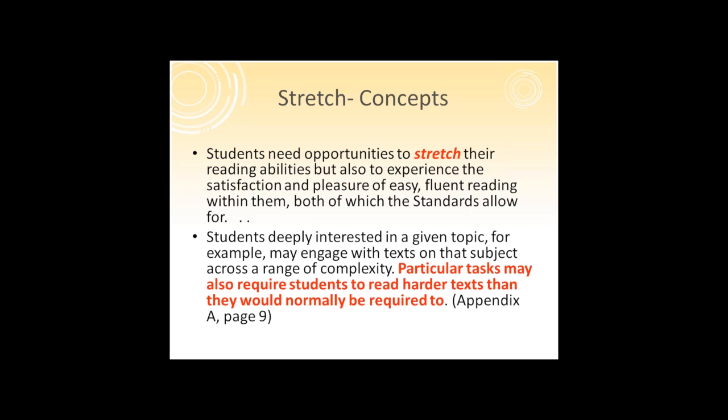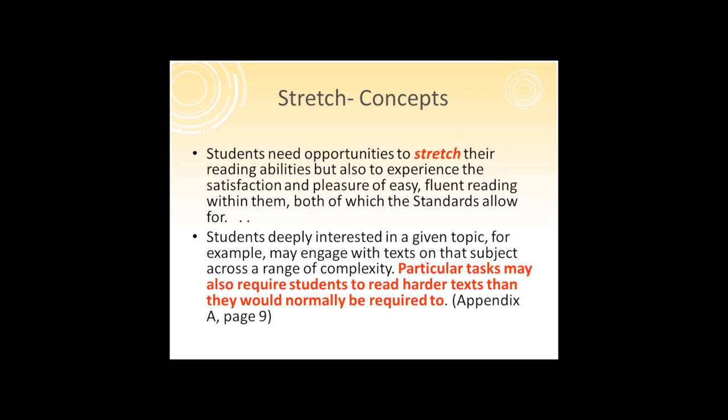Here's the wording in the Common Core, and again, it's not in the standards themselves, but if you read a lot of the ancillary literature and a lot of the people who've been writing about the Common Core, you will see these notions of rigorous text and stretch text coming up in pieces. So the idea is that students need opportunity to stretch their reading abilities, and then that there are particular tasks that may require students to read harder text than they would normally be required to.